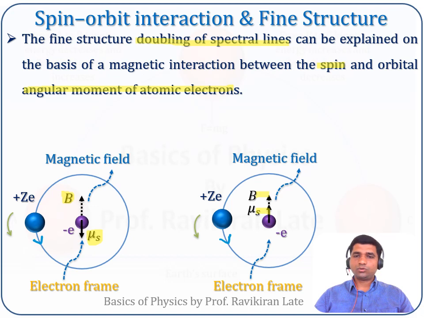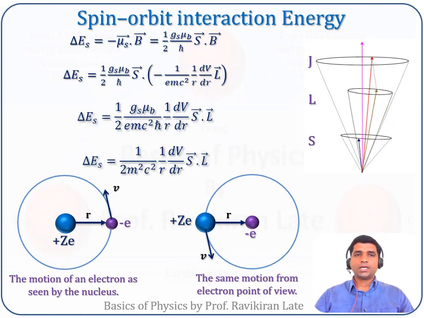Now these are the two different orientations which you can have. Due to that, you'll be having a doubling of spectral lines in a hydrogen atom. This doubling of spectral lines in a hydrogen atom is called the fine structure of a hydrogen atom.